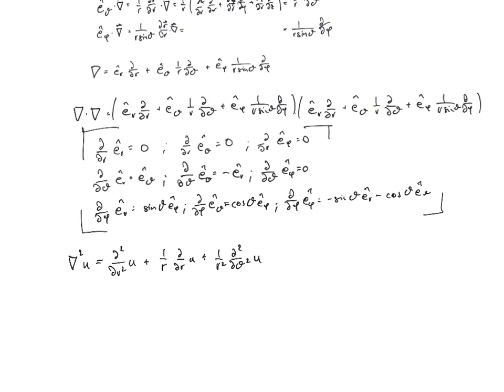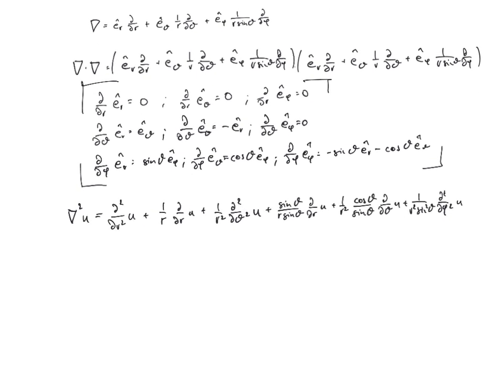Okay, and then I'll just give you the last couple of terms. This is when this term is multiplied out with this bracket here. So the contributions are plus sine theta over r sine theta d/dr u plus 1 over r squared cosine theta over sine theta d/dtheta u plus 1 over r squared sine squared theta d squared over dphi squared, also acting on u.